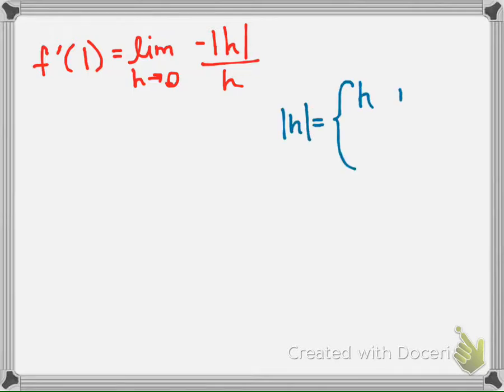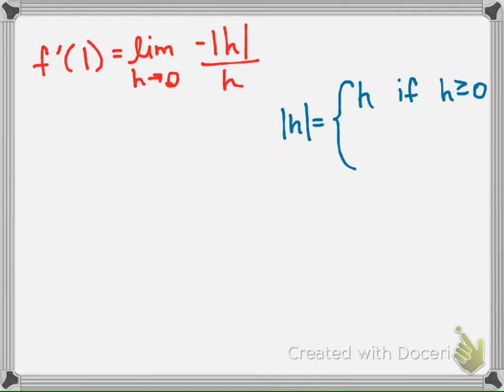So the absolute value of h is just itself if h is greater than or equal to 0. That's what the absolute value is. But if h is negative, then I want to make it positive. If h is negative, I want to take the opposite sign.